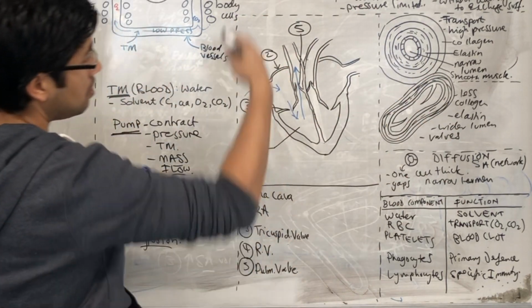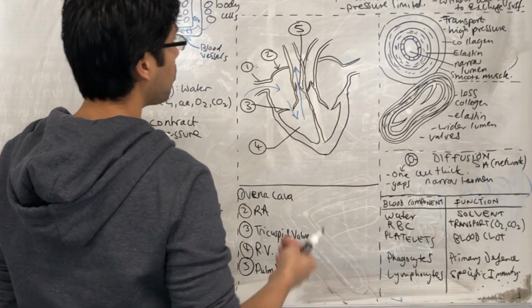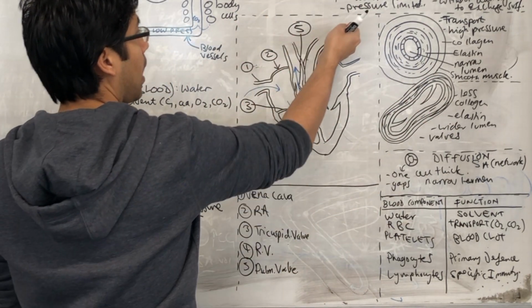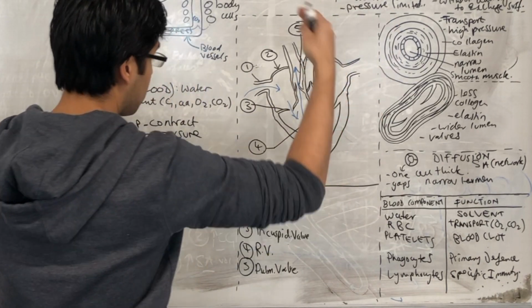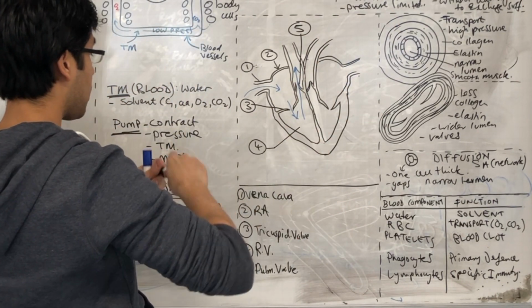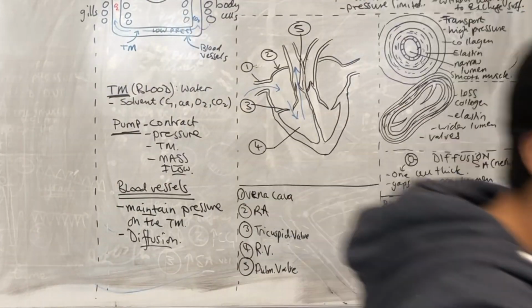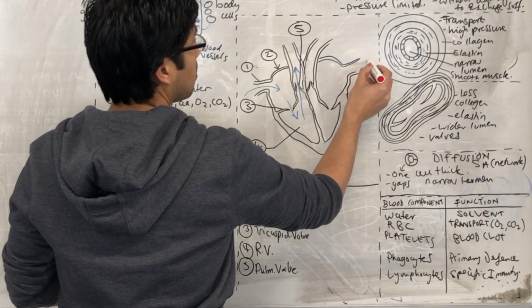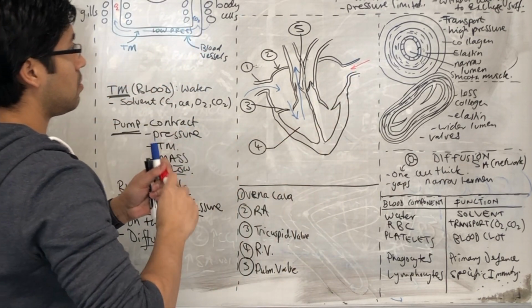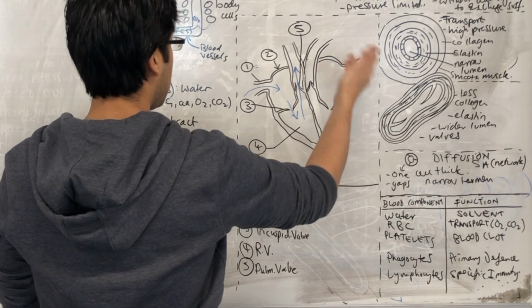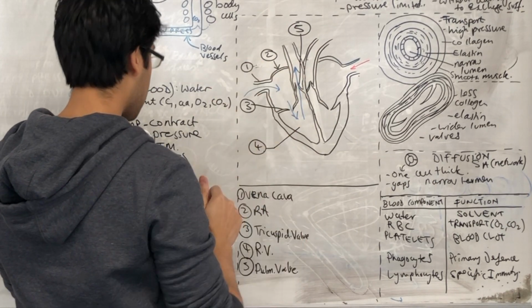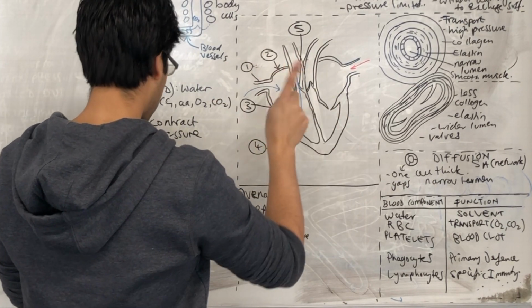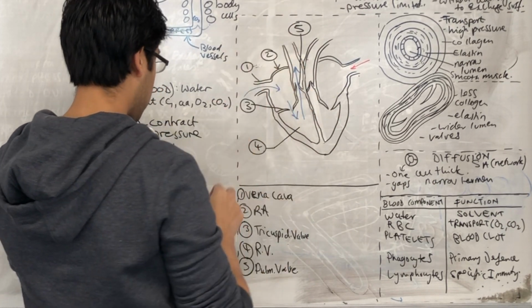Okay, and then the blood will go to the lungs. The exchange will happen with the air in the lungs, and the blood will come back oxygenated. So I'll get my red pen. Oh, sorry, forgot that one.